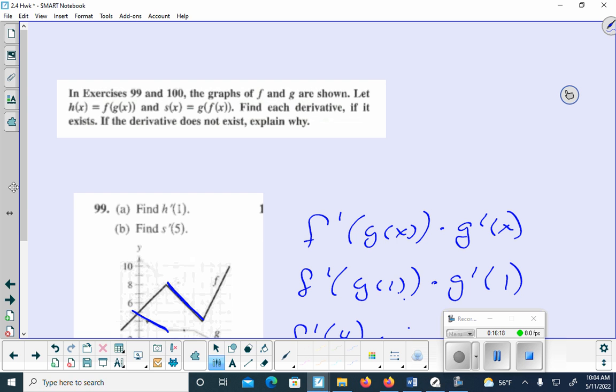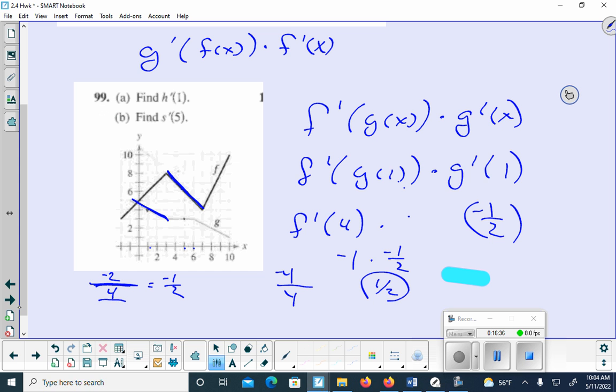Okay. So then how do we answer the next part? Same thing, except now you're doing g of f of x times f of x. If the derivative does not exist, explain why. Where does the derivative not exist? That's prime of 5. Really?